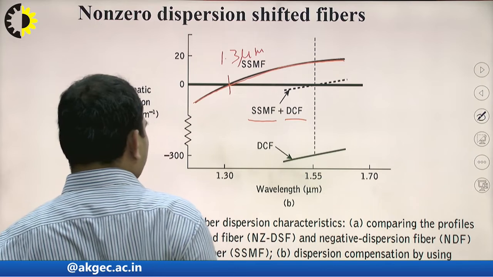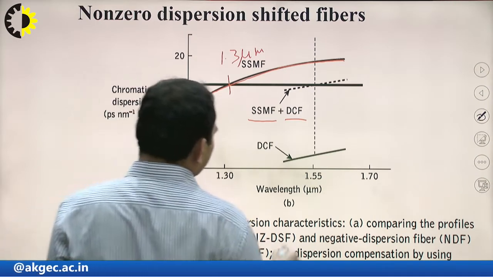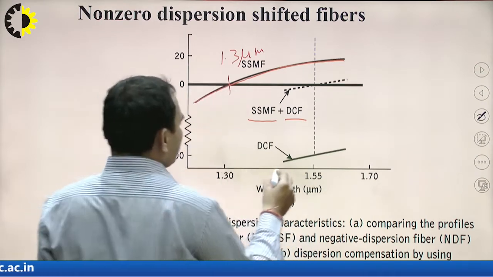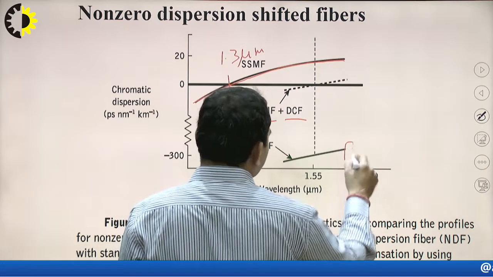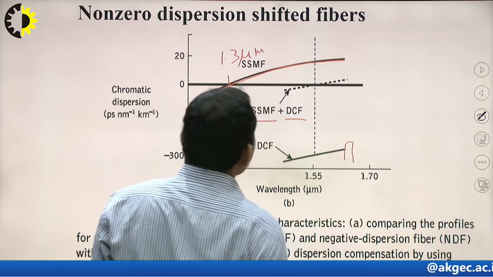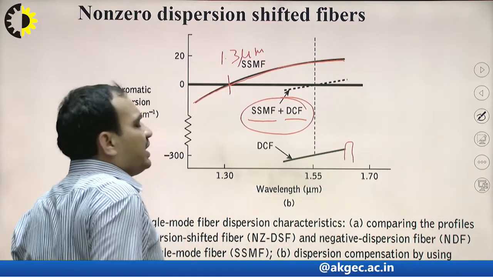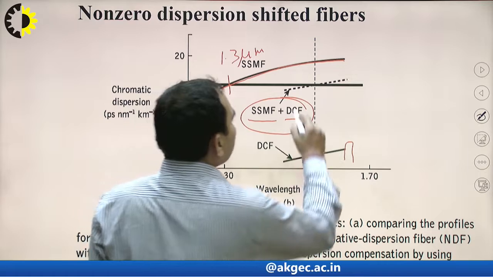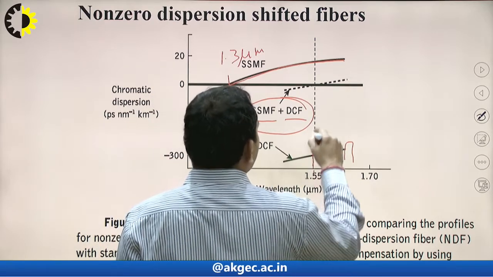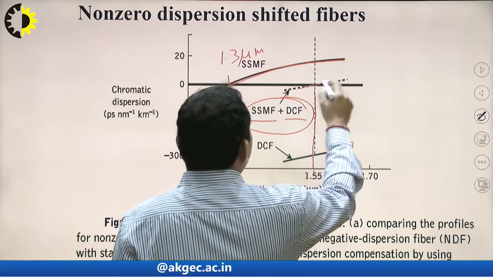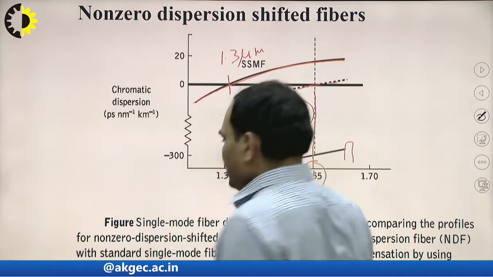In the dispersion compensating fiber we have negative dispersion, meaning narrowing of the pulses, but the combination of the standard single mode fiber and the dispersion compensating fiber has 0 dispersion at 1.55 micrometer, that is the conventional band.